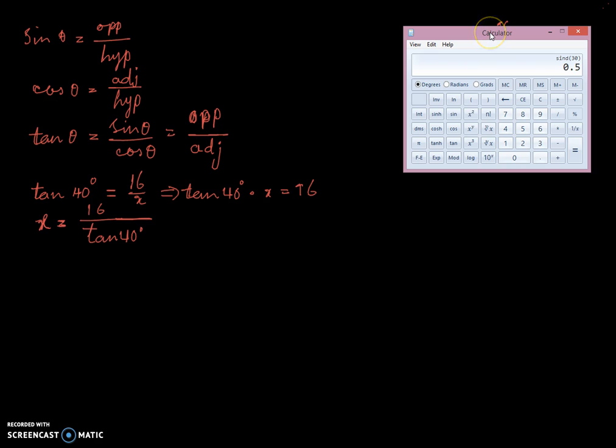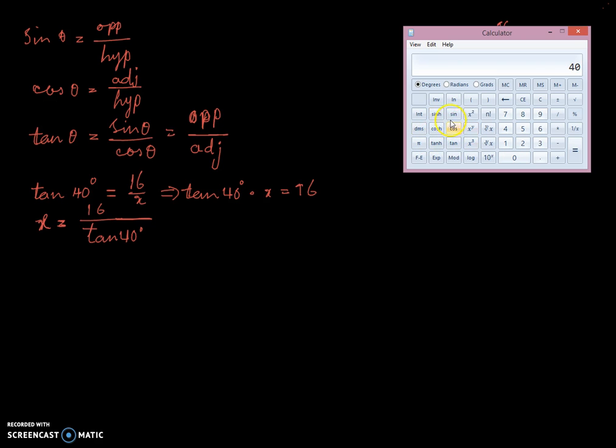I'm not very familiar with this calculator, but let's try 16 divided by... it doesn't work this way. Okay, so let's calculate tan 40 first.